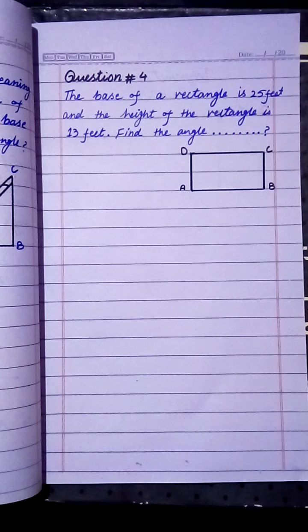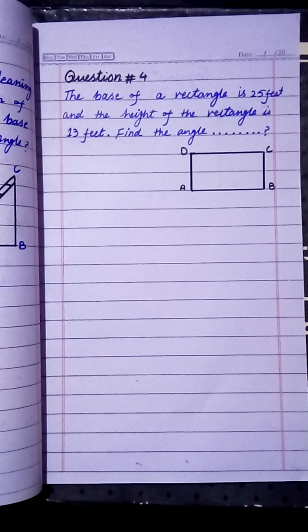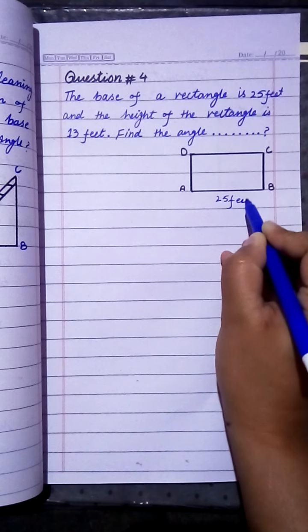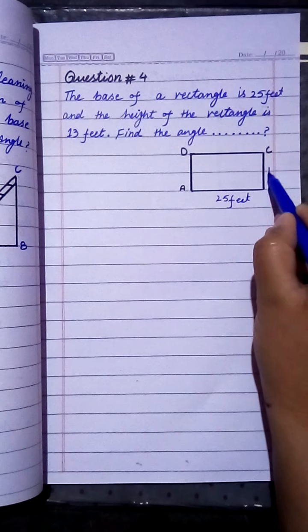Now we will solve question number 4 of exercise 7.5 class 10. The base of a rectangle is 25 feet. So that is the base. Now the height of the rectangle is 13 feet.